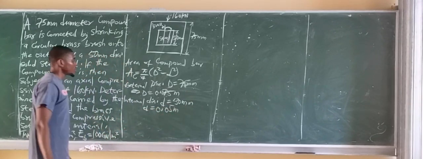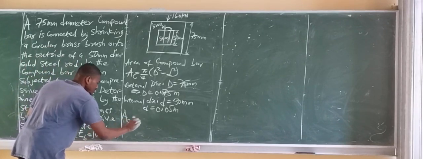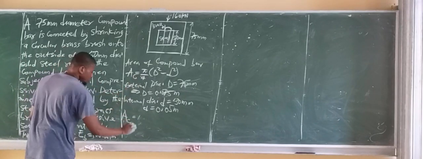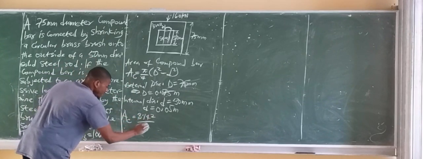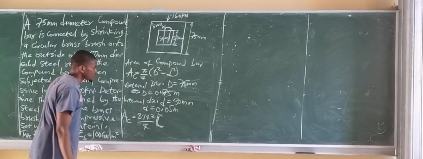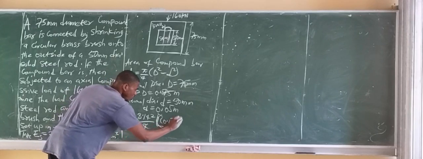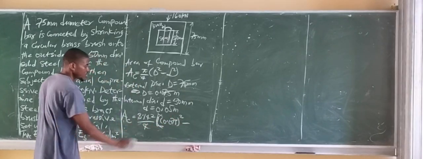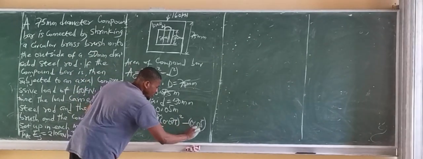So d is equal to 0.05 meters. Then the area of the compound bar, A_C, is simply pi, which is 3.142, a constant, divided by 4 times the external diameter 0.075 all squared minus the internal diameter 0.05 all squared.